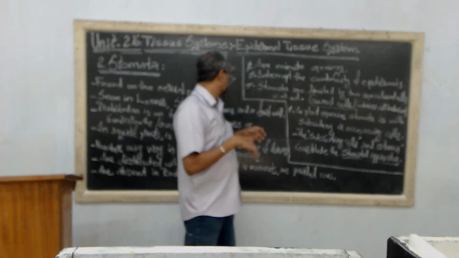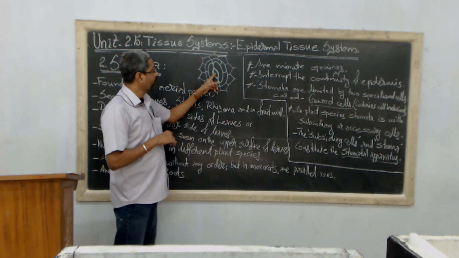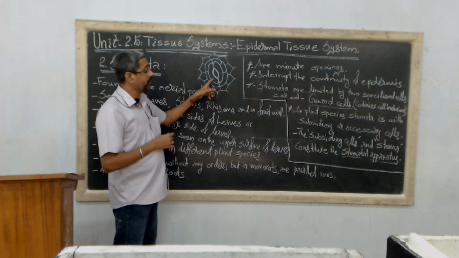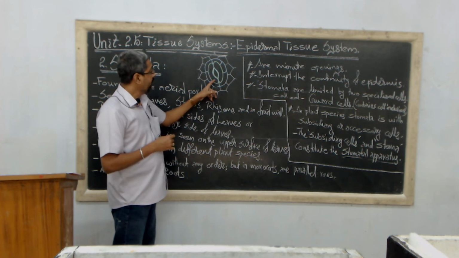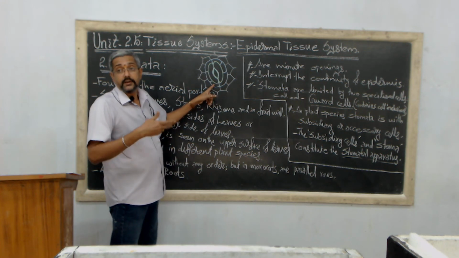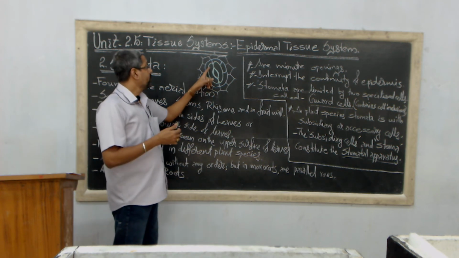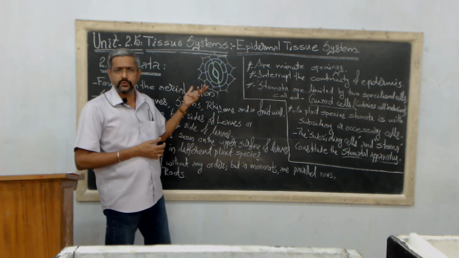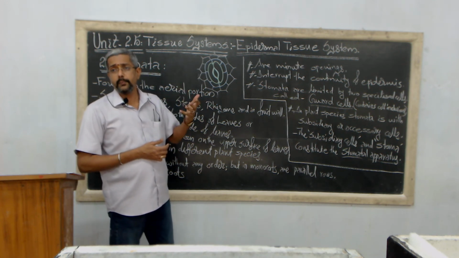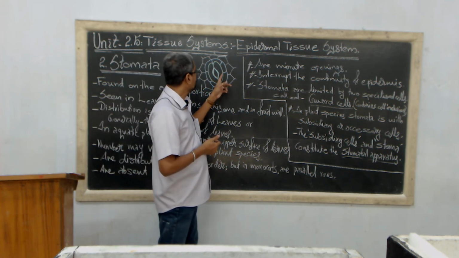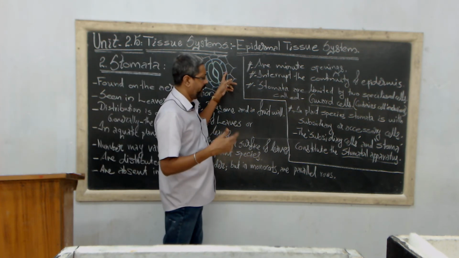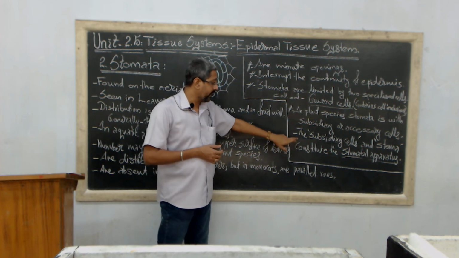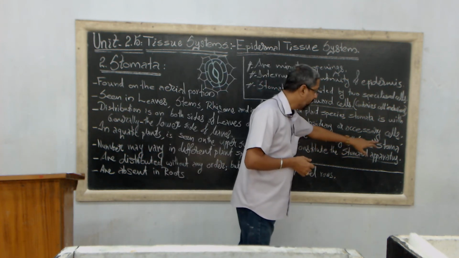You can see in the diagram: here is the stoma, the main opening, and there are two specialized cells called guard cells, and the guard cells are associated with the outer layer of cells, either one, two, three or multiple levels. Such guard cells are supported by some additional cells, which is why they are called subsidiary or accessory cells.